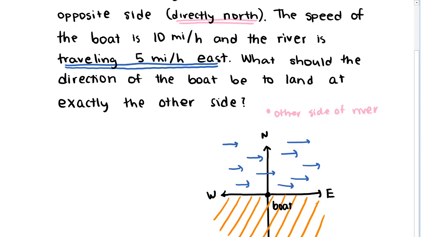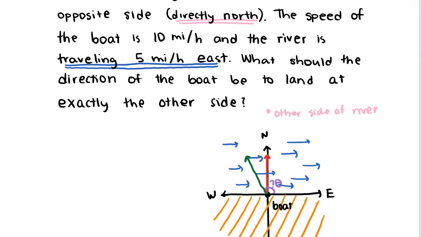And so this person, they want to end up directly north. They're going to drive this boat in some direction. And we want to figure out that direction, but we want to figure out that direction so that after the influence of the river, we end up traveling directly north, and so they'll end up exactly on the other side.